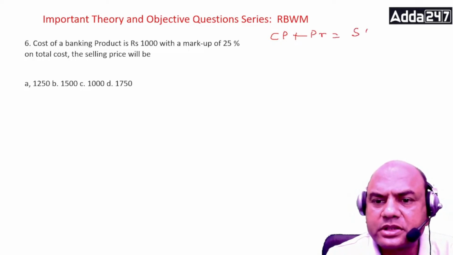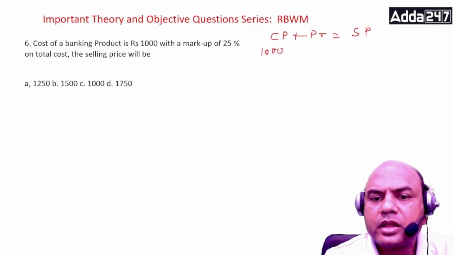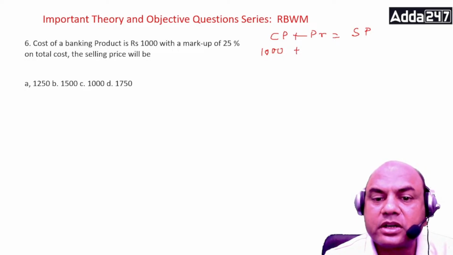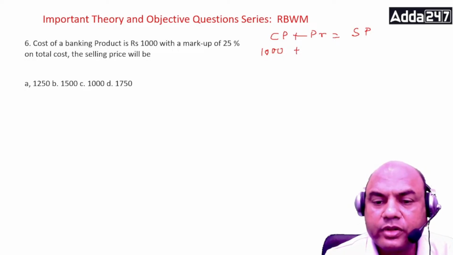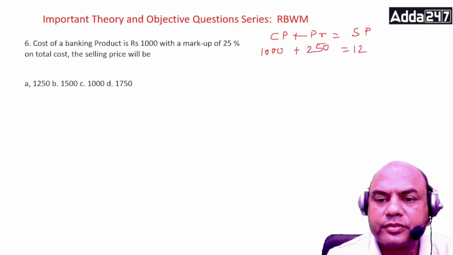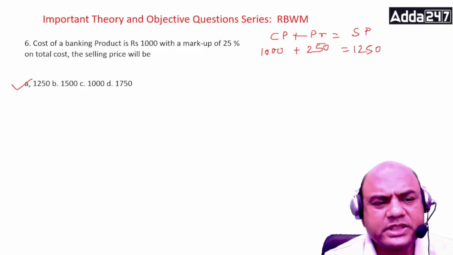That is the basic logic of any business. 25% of 1000 is 250, right? So my selling price will be 1250. So this is the answer. That one was easy.